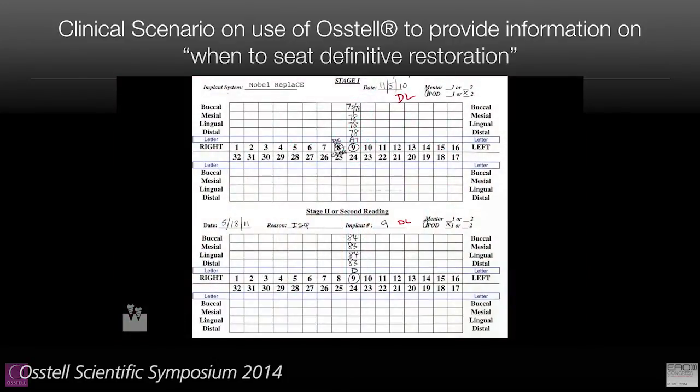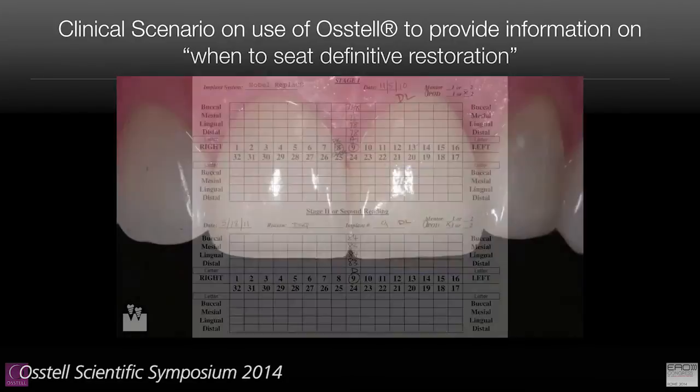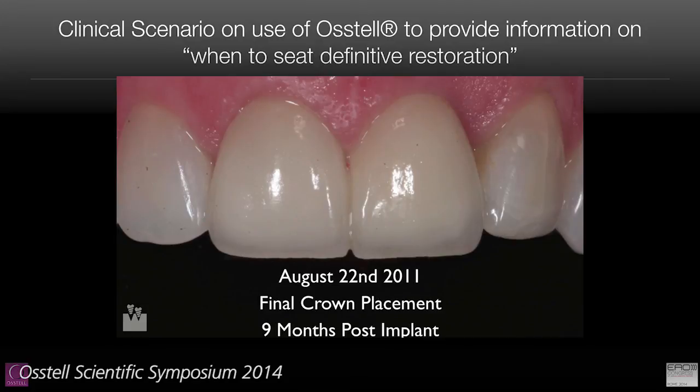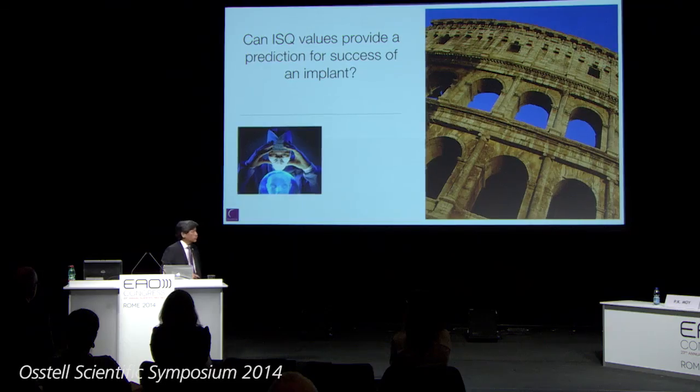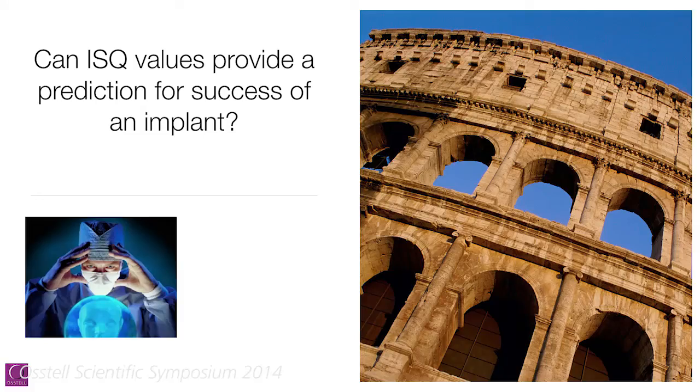You see that we reach an ISQ value of 83, 84, 85. And so this tells me that that implant indeed has integrated, even though we immediately provisionalize and immediately load that implant in this very high-risk patient. So the value of using the ISQ with initial and with the definitive restorations is the key.